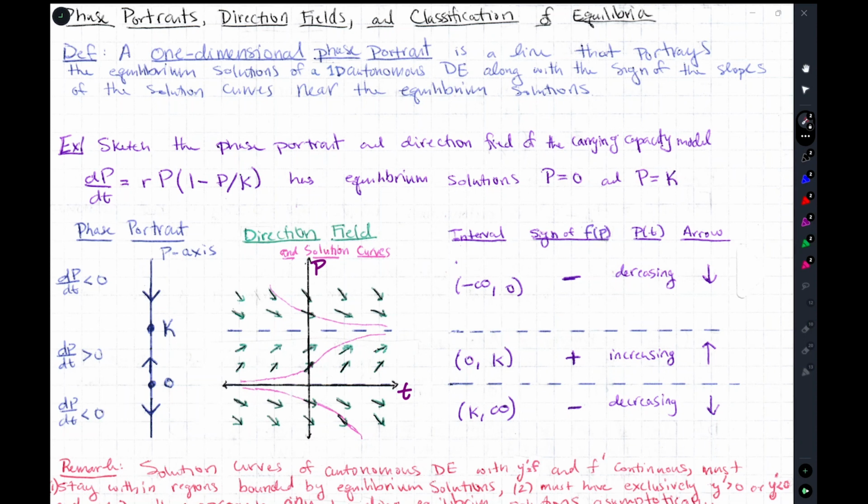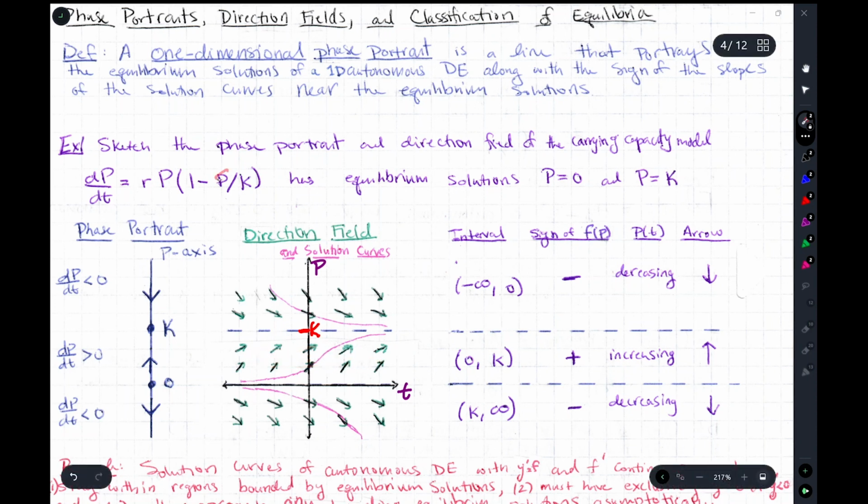The important thing to note here, though, is that until we get to K, this point here, P equals K, the slope is going to be positive. How do we see that?